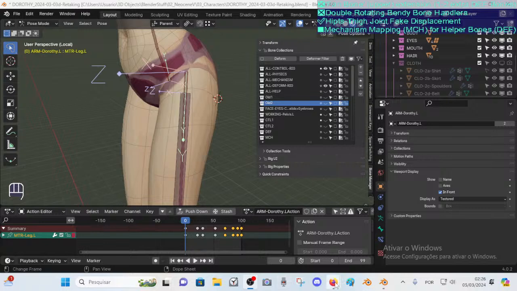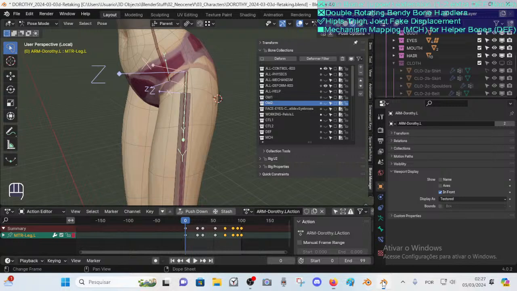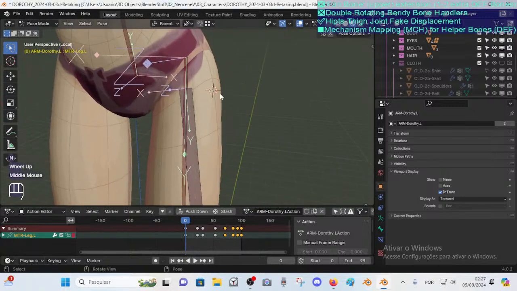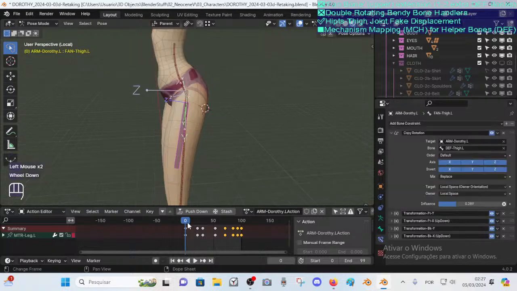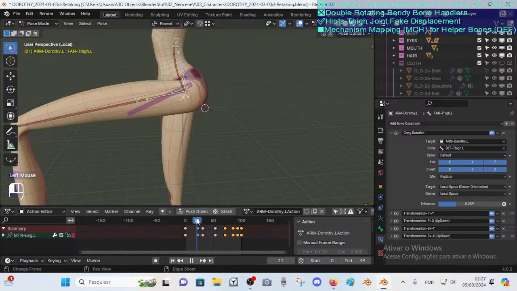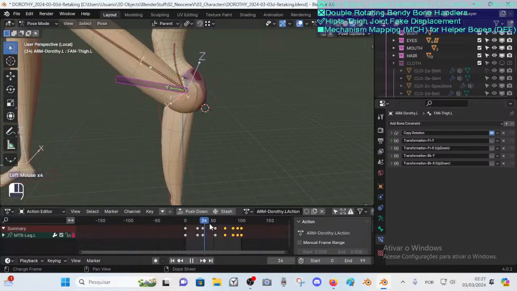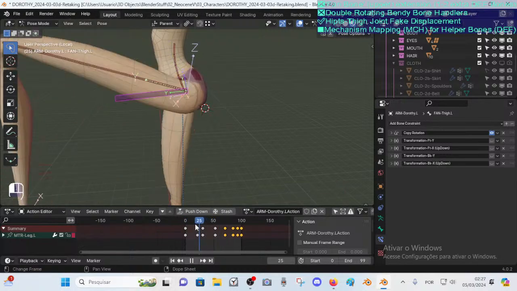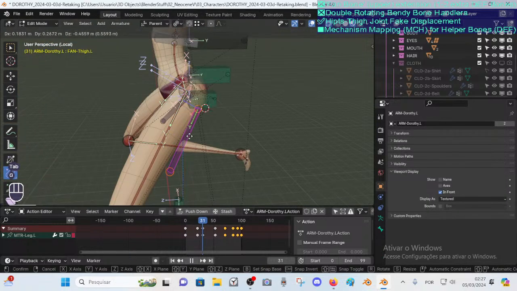What that means is that I had this fan bone, which has the rotation feature here, the copy rotation inverse, so it derotates the mesh of the thigh. But what I've built was these things, besides the derotation. The bone here is called a fan bone.